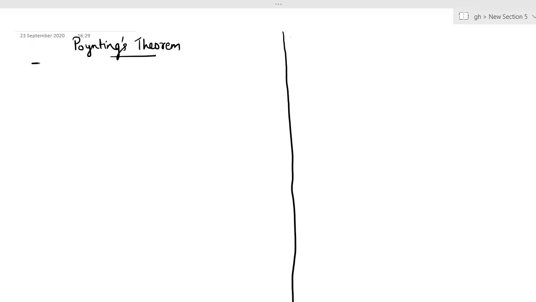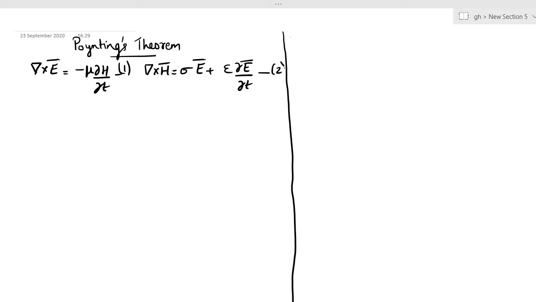That is, curl E is equal to minus mu ∂H/∂t, equation 1, and curl H is equal to sigma E plus epsilon ∂E/∂t. This is equation number 2. So you have two equations, and the first step is you are taking the dot product of E in equation number 2.